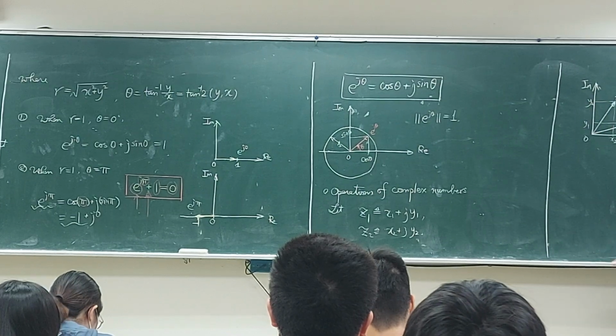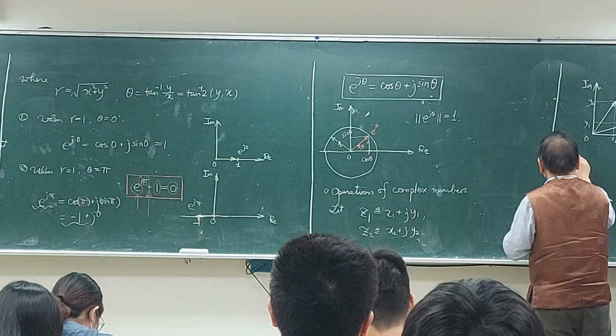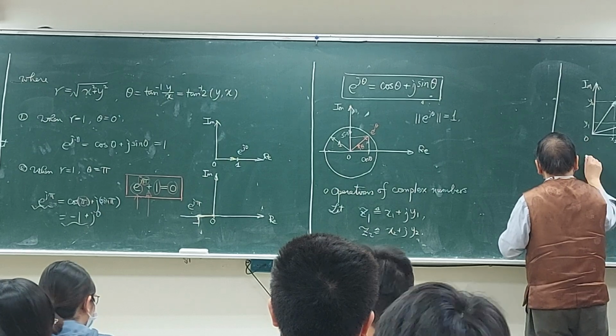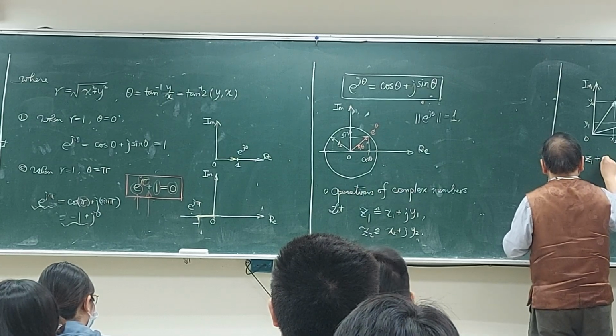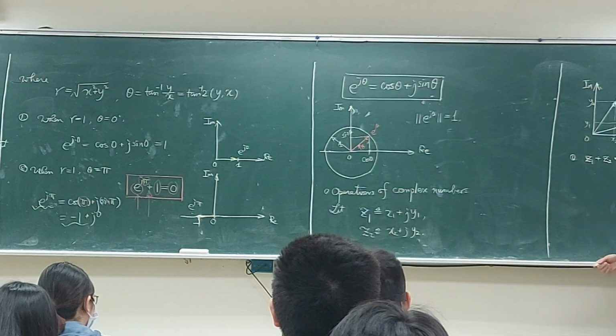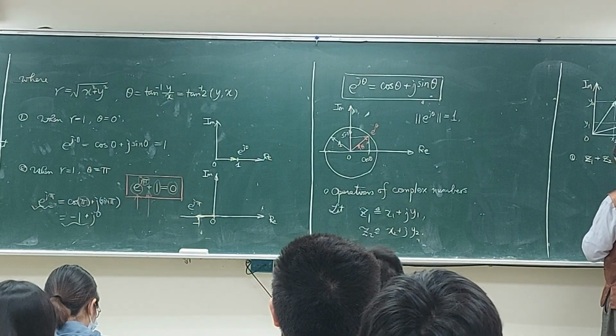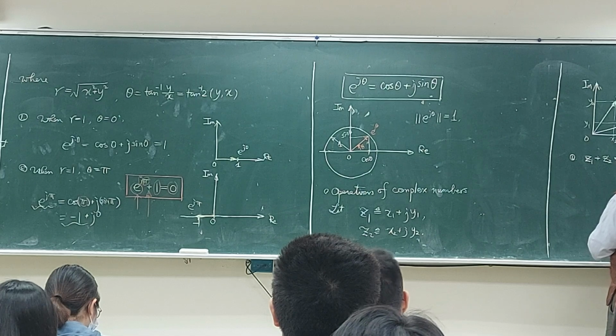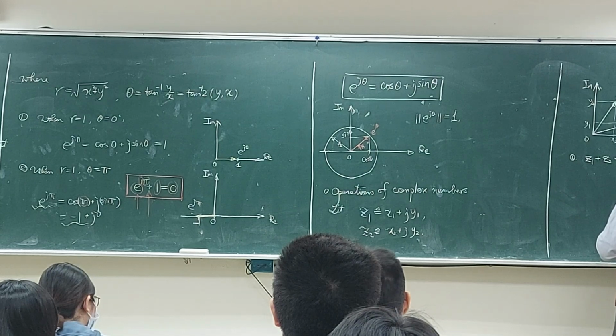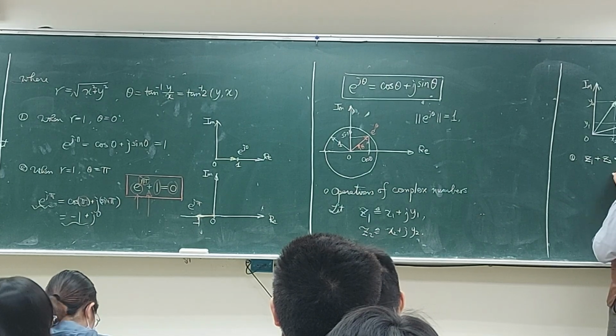Alright, so the first operation is z1 plus z2. So we have x1 plus j times y1 plus x2 plus j times y2.